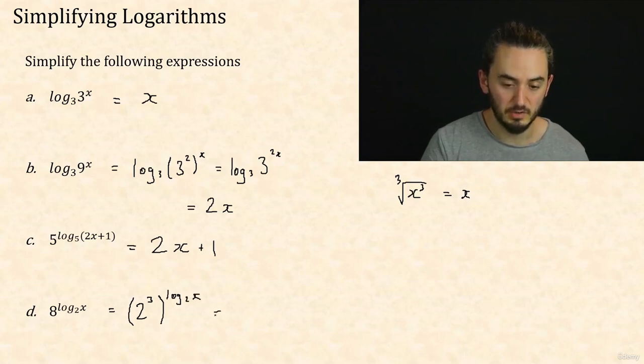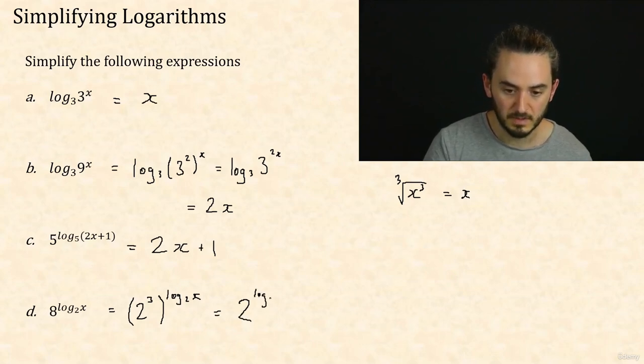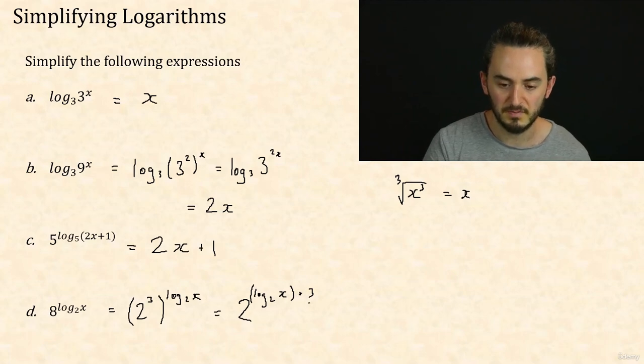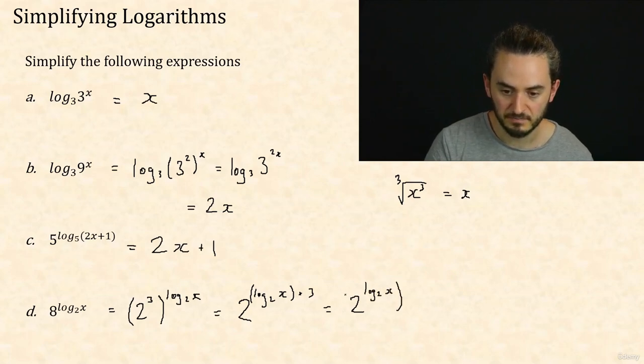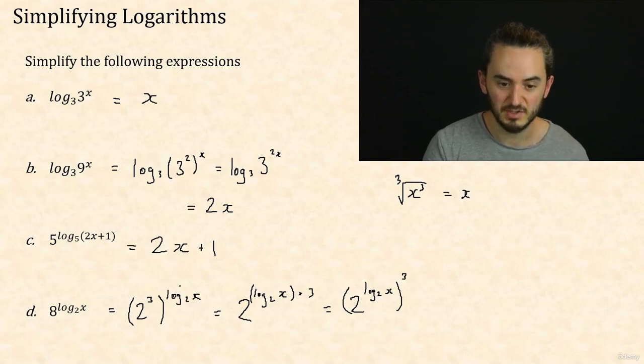Now, indice laws tell us that we can rewrite this as 2 to the power of log base 2 of x times 3, because you can just multiply your powers. Now that is also, again, indice laws, the same as 2 to the power of log base 2 of x, all to the power of 3. So essentially we can just swap these powers round.